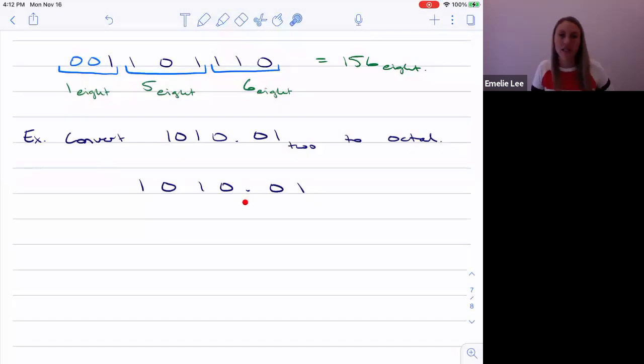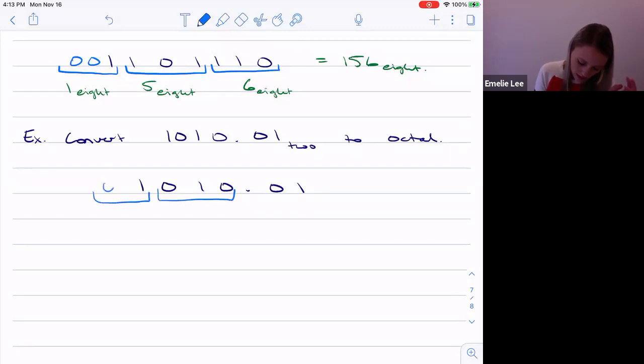And now I have a decimal to work with. That decimal translates into my base 8. This decimal is where I start, and that's where I move to the left and do my groupings of 3. Here, grouping of 3, and again, I have 0, 0. And moving to the right from the decimal, I've got 0, 1, 0.